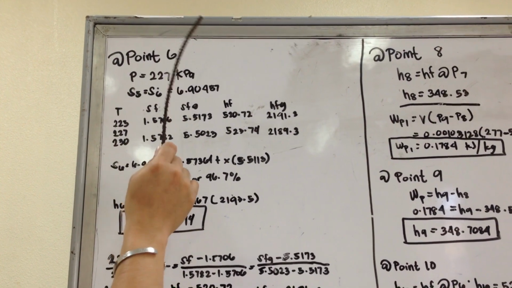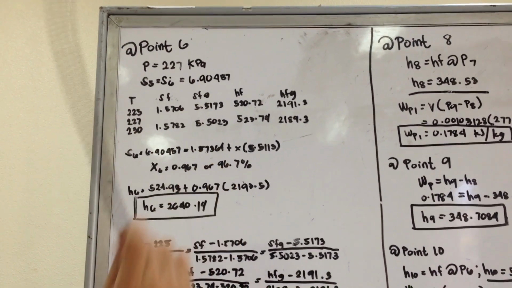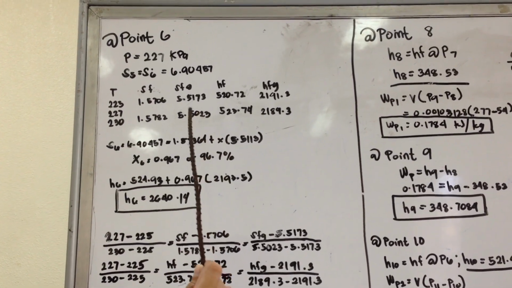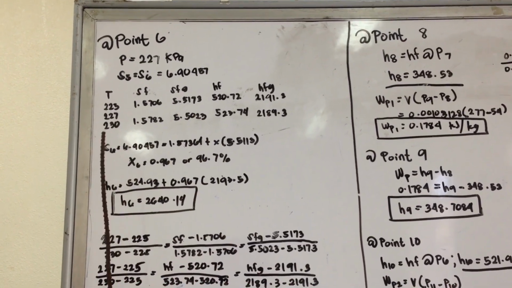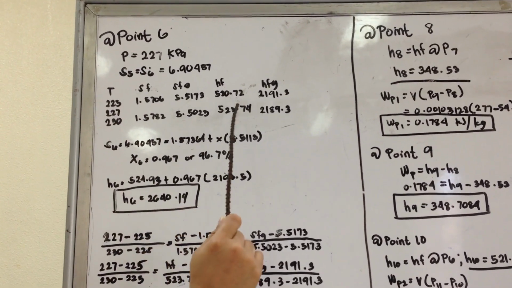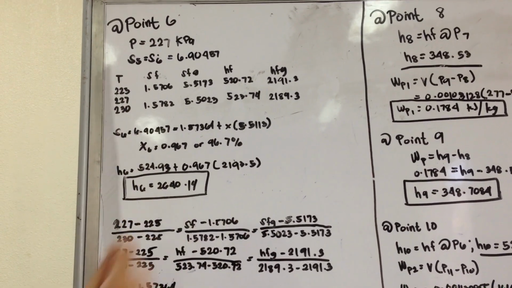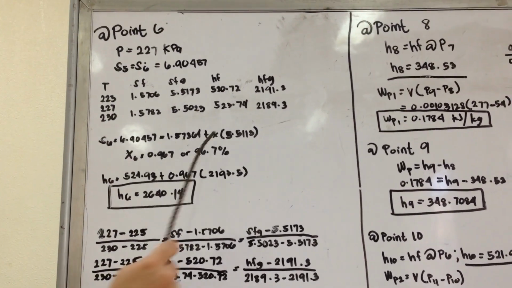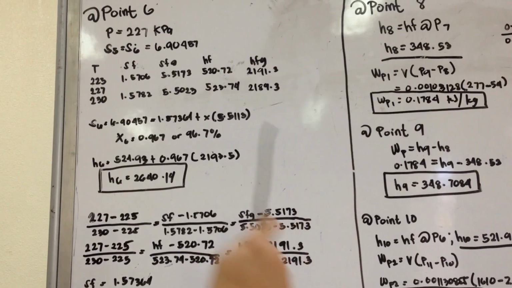So at point 6, we have to get H6 by first getting the quality X of X6. Since we can't find the SF, SFG, HF at a pressure of 227, we have to use interpolation again.